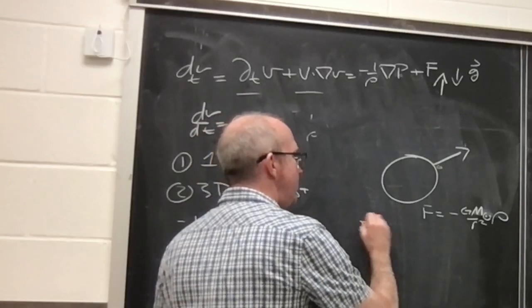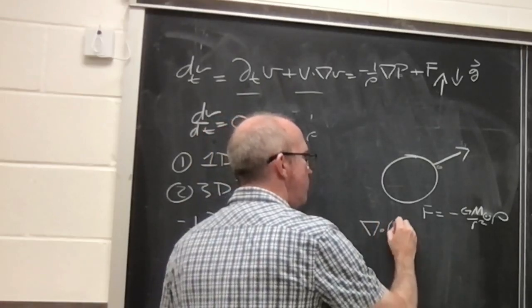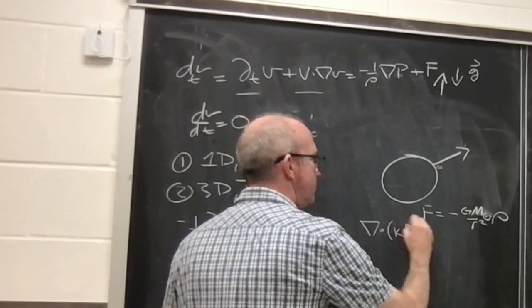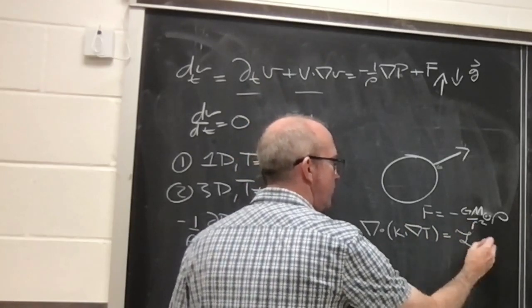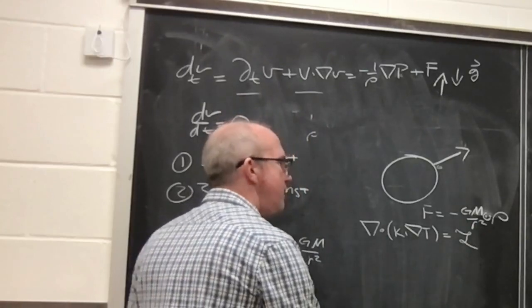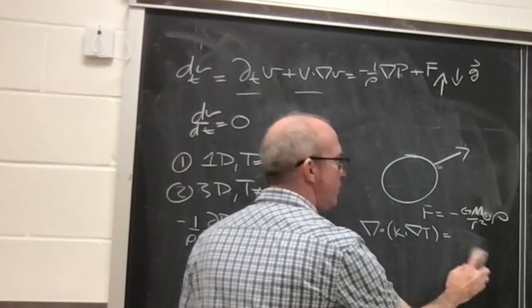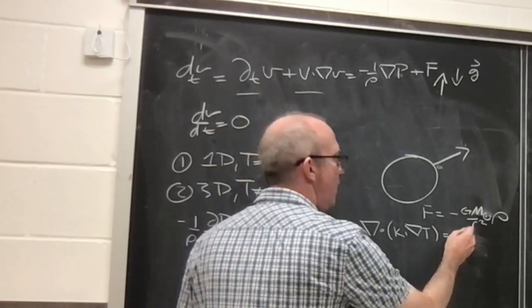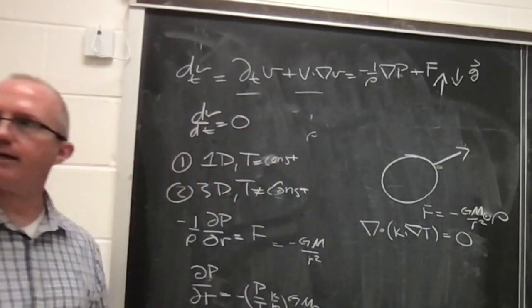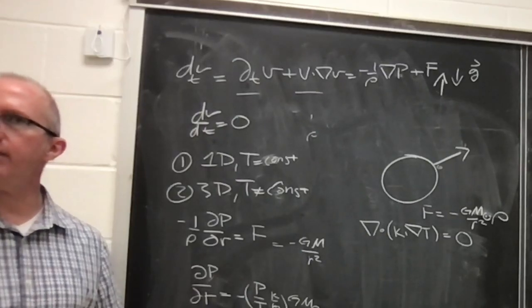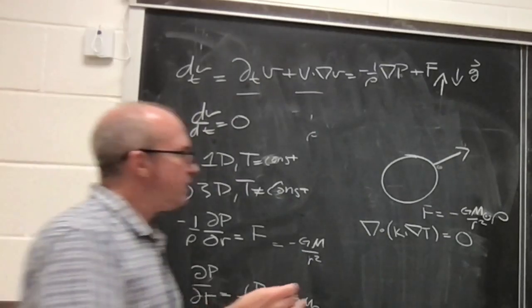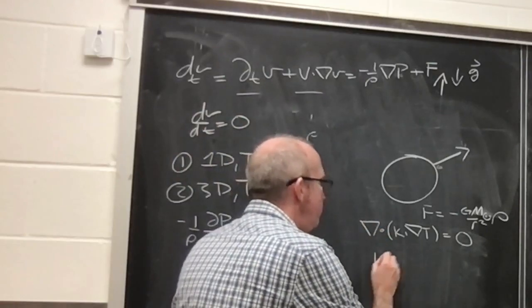Remember last time we said that the thermal gradient is K dot grad T equals the thermal luminosity. So if we just say that we're in hydrostatics, then this has to be constant. If we're saying that it's static, the net flux of heat has to be 0. So here we're just going to invent this.